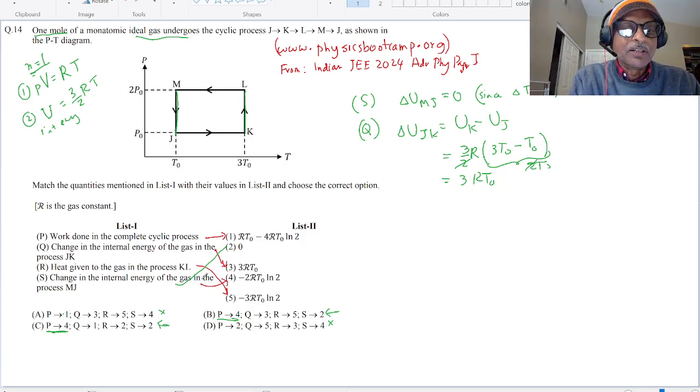So we find that Q goes to 3. So this is the answer. So the answer is B.